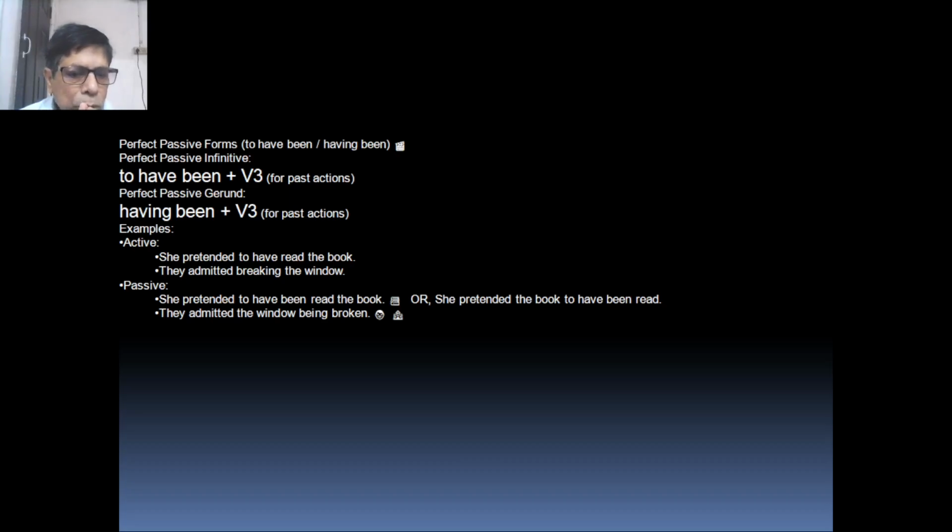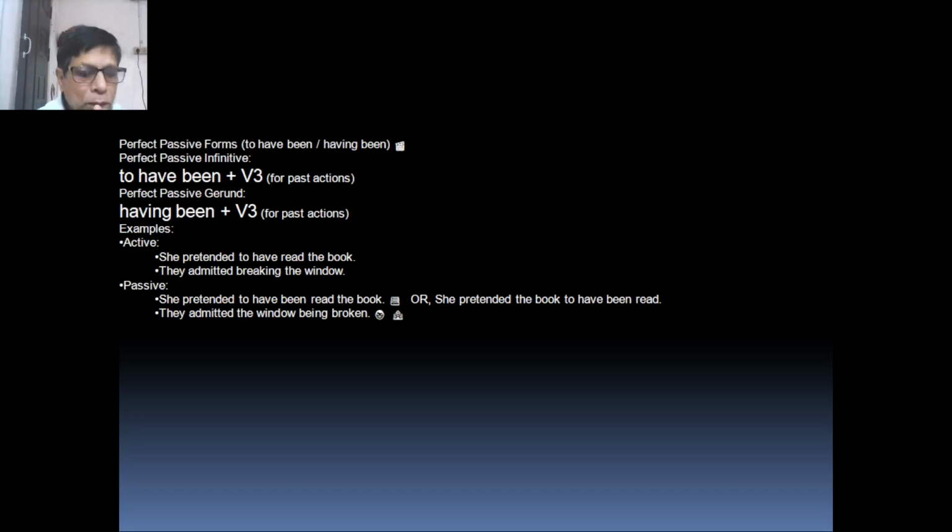Now to have read is the present perfect passive, that is a passive of present perfect infinitive. To have read is the perfect infinitive, whereas to read is the simple present infinitive, and to have read is the perfect infinitive.